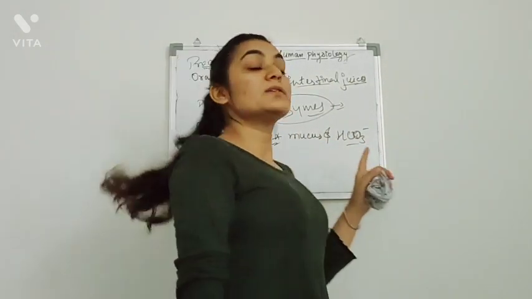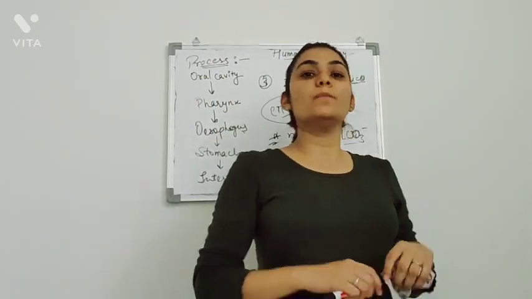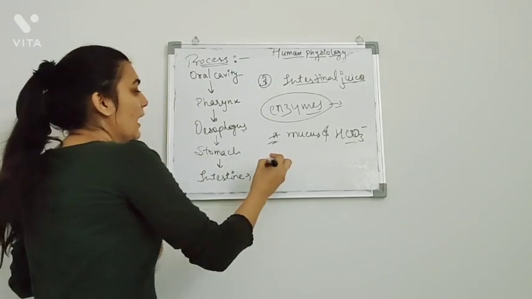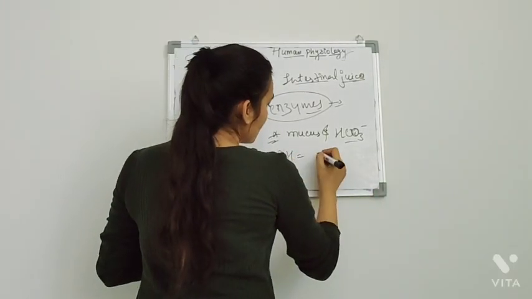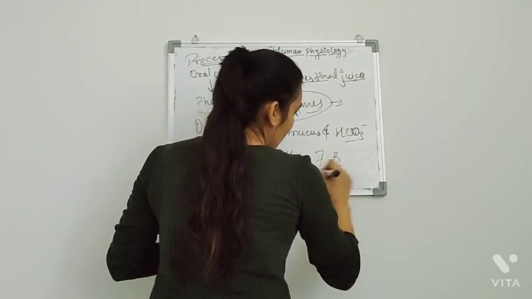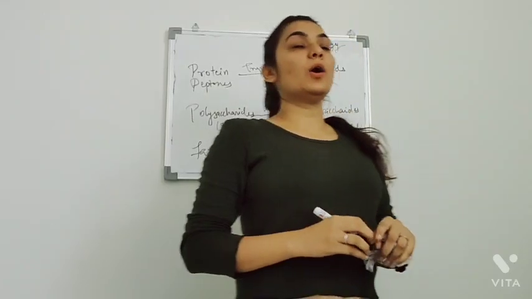It also has mucus and bicarbonate. Same as in the stomach, the mucus and the bicarbonate help in the lubrication and protection of the intestinal epithelium. The pH of the intestinal juice is 7.8.